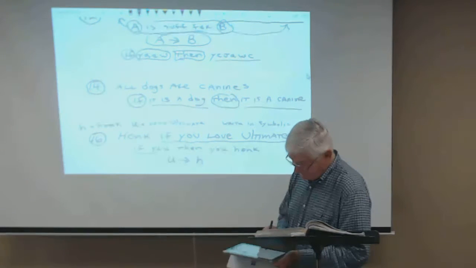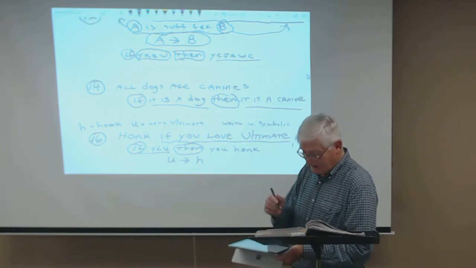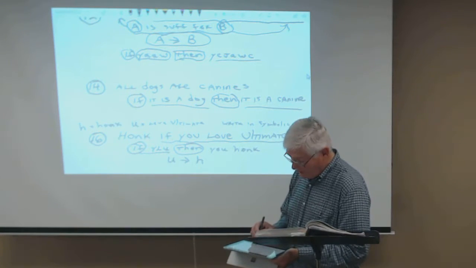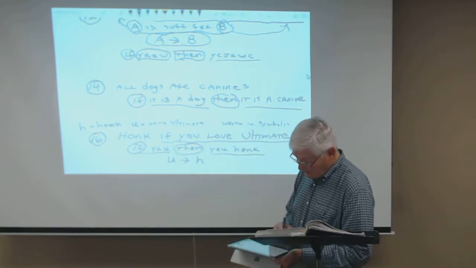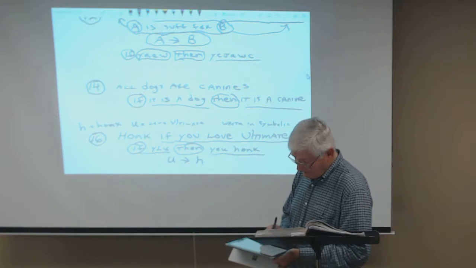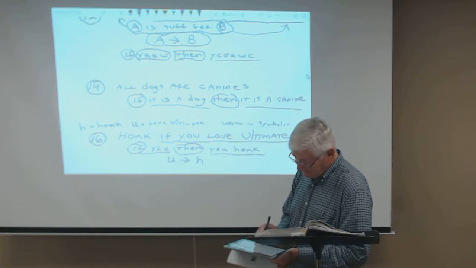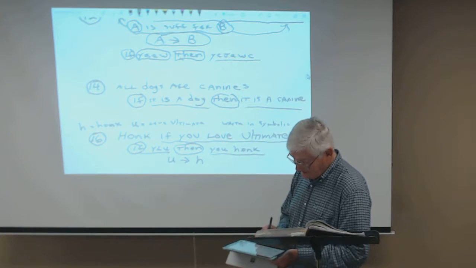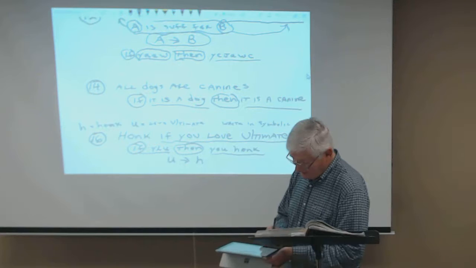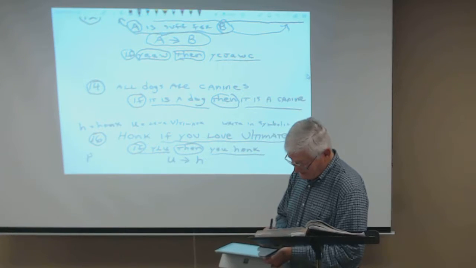If you love ultimate, then, because I want to bring it to the if-then form, then you honk. So which one is you love ultimate? And if-then would just be, if we were doing P and Q, it would be if P, then Q, wouldn't it?